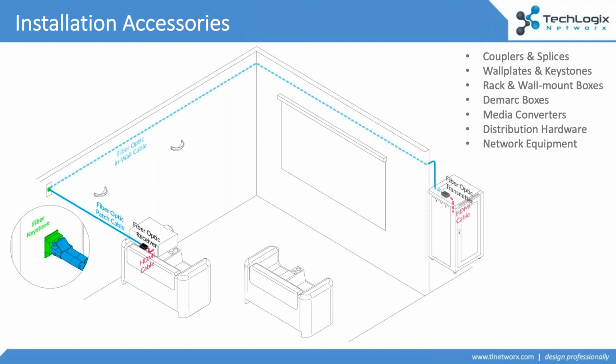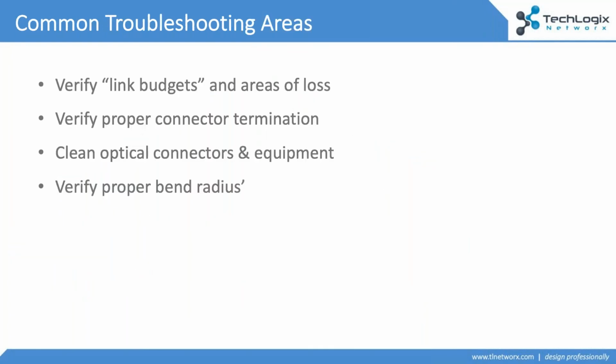There are a lot of different things that go in line in your installation, and all of those provide an incidence for loss, and loss can kill your system. We will look at how to deal with that in a minute. Keep this in mind: it is important to understand the devices, understand what you need in the middle, and make sure all that stuff in the middle is made for single mode or multimode, whichever cable you need to work with, and then put it all together into a functioning system.